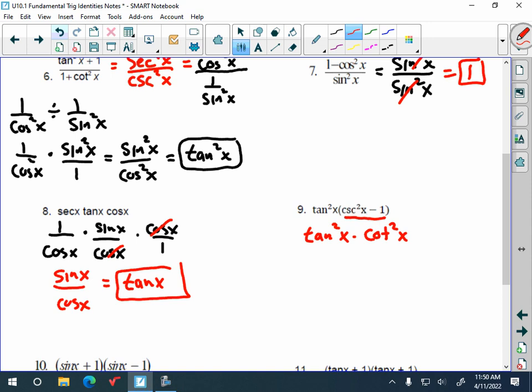Now from here, there's lots of different identities that you can use. You could use reciprocal identities. You could use quotient identities. So it's up to you how you want to finish this off. You can change everything to sines and cosines if you want. Tangent squared, I could change to 1 over cotangent squared. That's using a reciprocal identity.